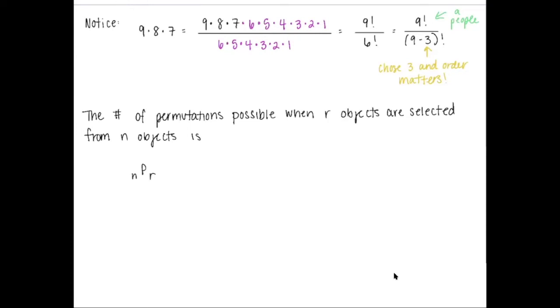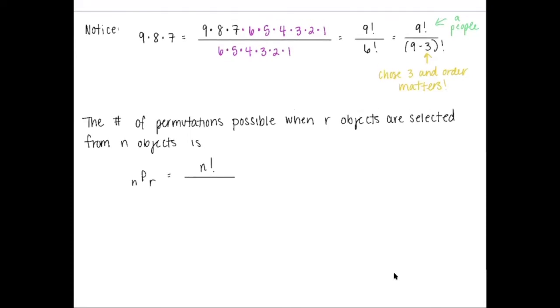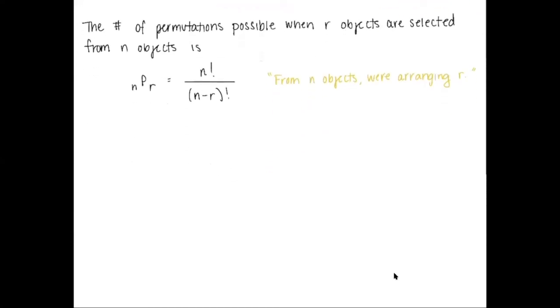So from N, we're permuting R objects. The formula we have is N factorial divided by N minus R factorial. So the way you can think of this, from N objects, we're arranging R. If the order doesn't matter, then that's going to be our combination from the next chapter.